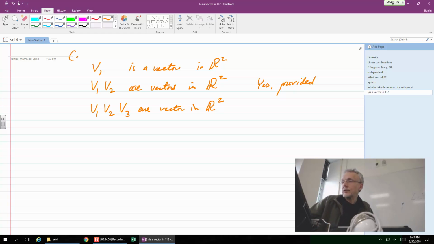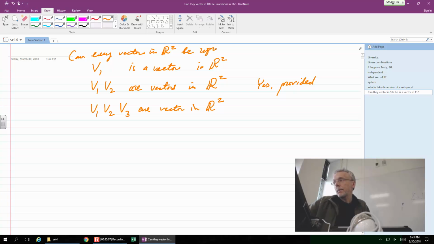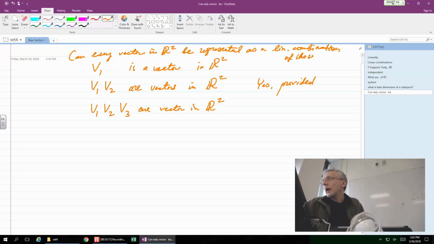Well, the question is, can every vector in R2 be represented as a linear combination of these? Okay, and now I have three versions of that question for three situations. One vector, two vectors, three vectors.